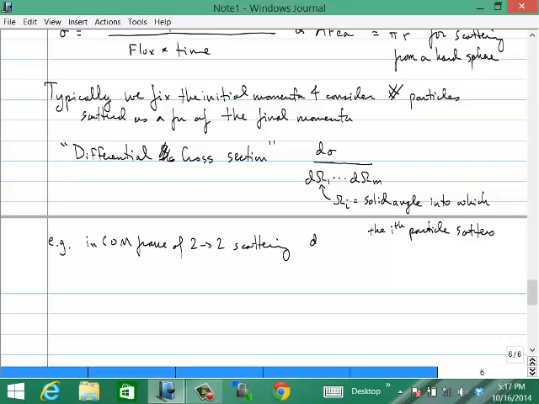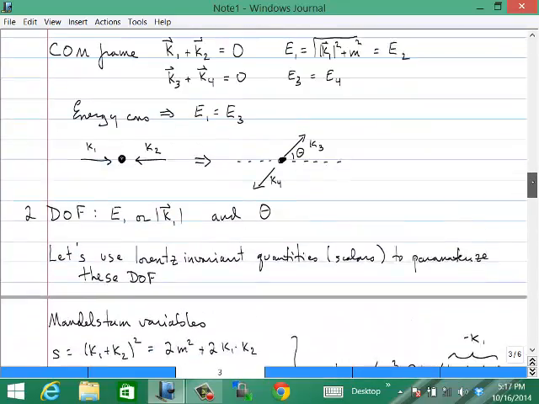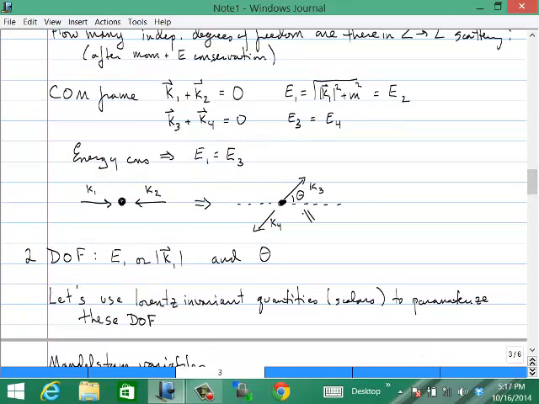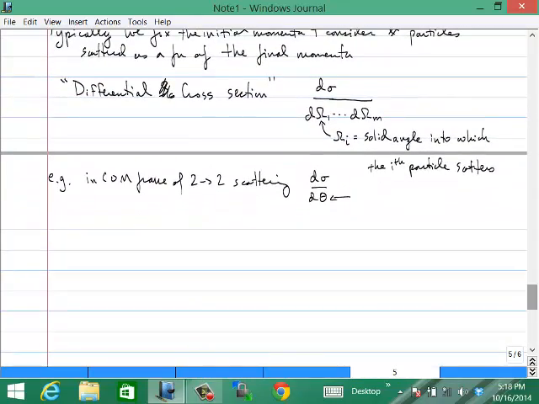But really, we're only interested in d sigma by d theta, where theta is this angle here that we considered in 2-to-2 scattering. That tells us the relative angle of the scattering relative to the initial state. Okay. So this is the relative angle of the initial and final scattering.